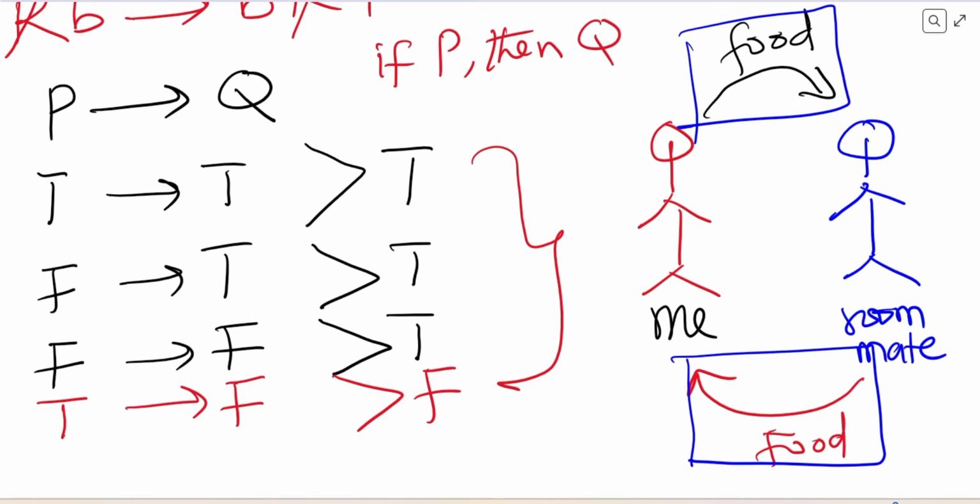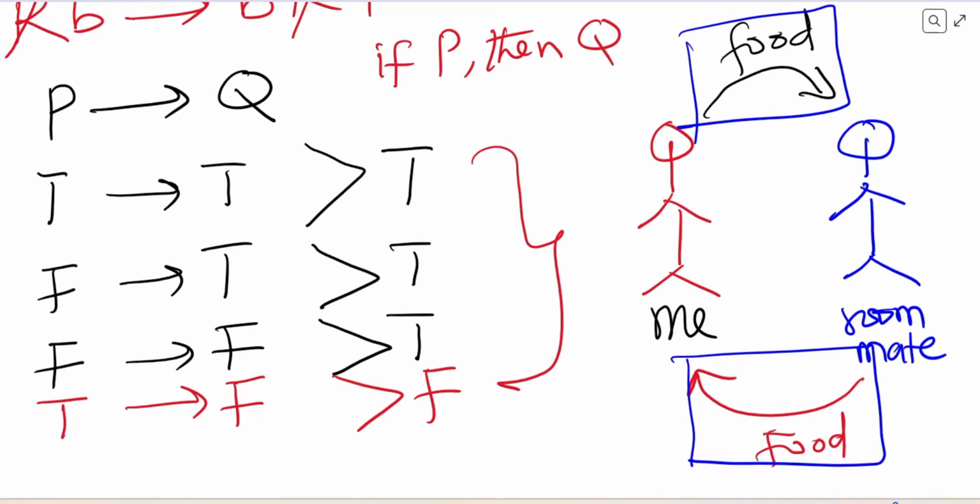I'm taking it again. This is me and this is my roommate. If I buy food for my roommate, then my roommate must also buy food for me. But if I don't buy the food for my roommate, I don't expect my roommate to buy any food for me.